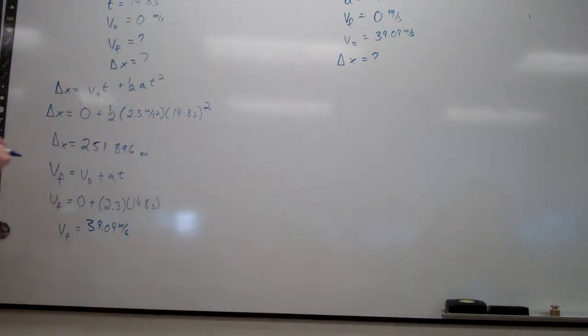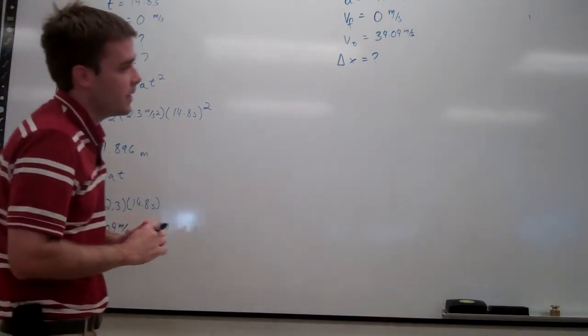So now, what equation do we have that we can solve for delta x with those variables? Not 3, because we don't have time. 5. 5 is the only equation that has VF, VO, A, and delta x.